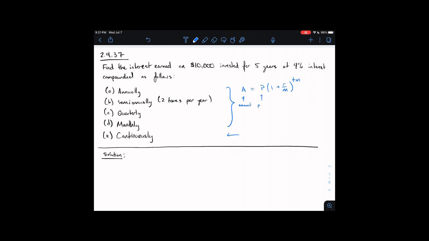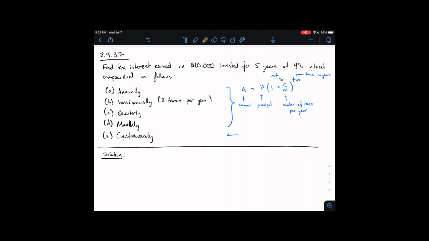P is principal, that's what you start with. T is the time in years. M is the number of times per year. And finally, R is the rate.